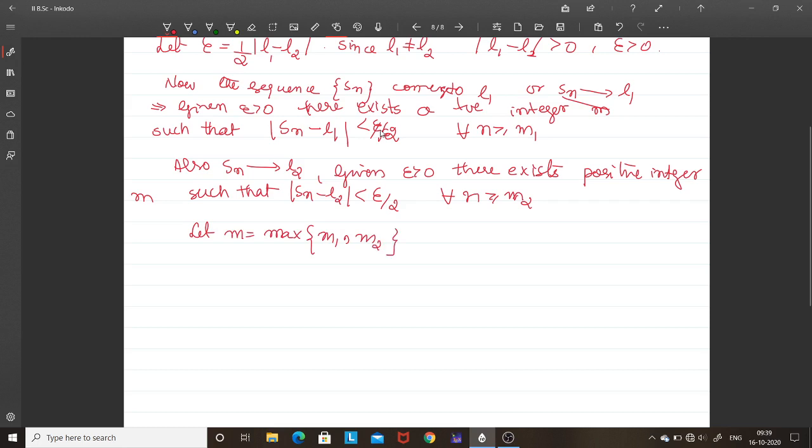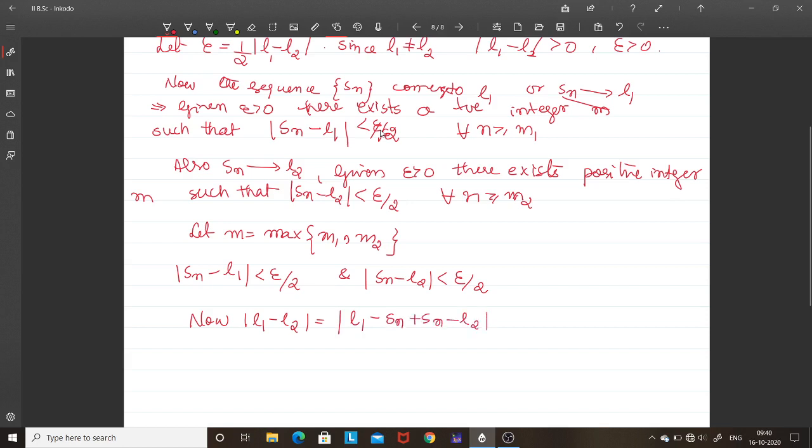Then mod Sn minus L1 is less than epsilon by 2 and mod Sn minus L2 is less than epsilon by 2. Okay, now we will calculate mod L1 minus L2. Let's see what's going to happen. Let me add Sn and subtract Sn.